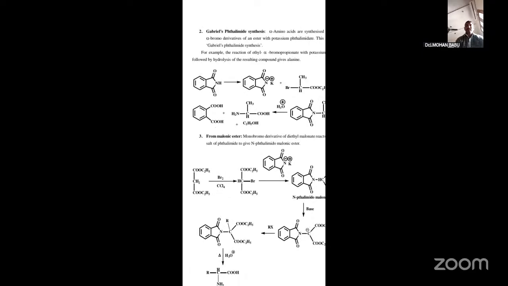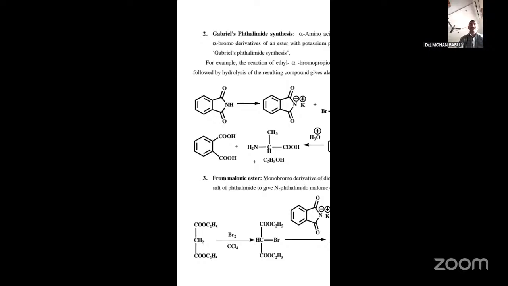This is also one of the important synthetic methods, where alpha amino acids are synthesized by reaction with the alpha bromo ester, by substitution, like in the HVZ reaction, where we substitute that bromine with an amino group.